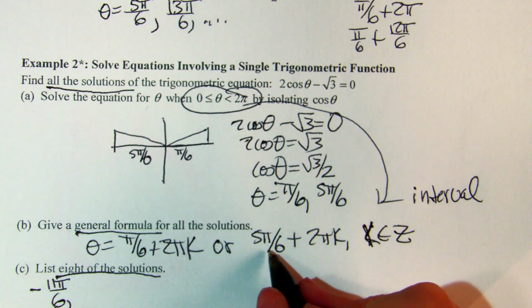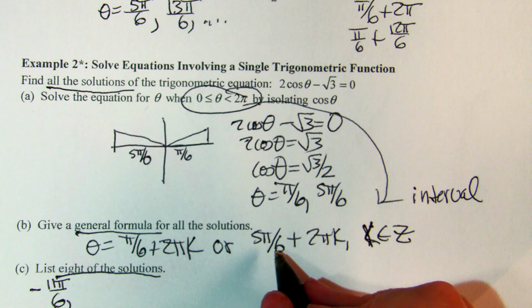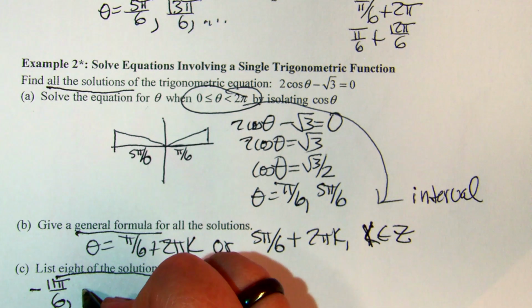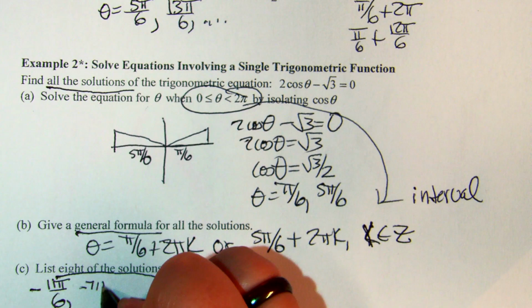If you do it to 5 pi over 6, take 5 pi over 6 and subtract 12 pi over 6, you get -7 pi over 6.